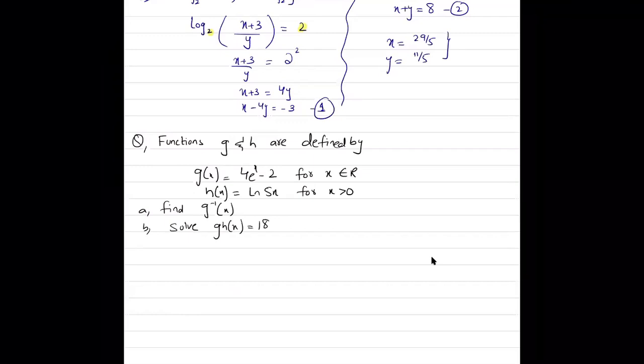Okay. Please solve this. Is the first part ln x plus 2 upon 4?